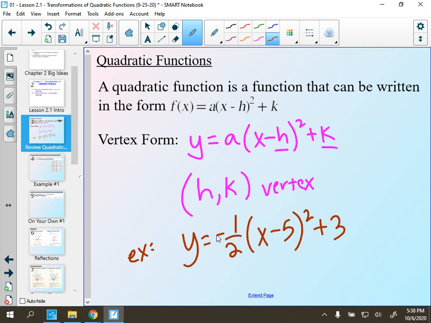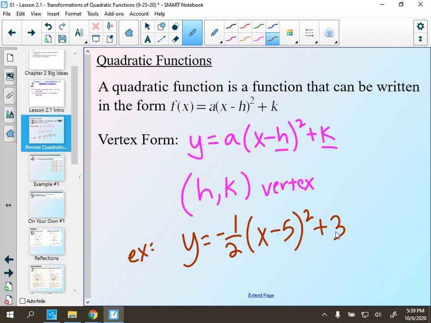Without even seeing the graph, we should be able to identify all those different comparisons. I know we just talked about it, but I've got -1/2 as my a value. If it's negative, I would definitely want to say something along the lines of a reflection over the x-axis. The a value itself, taking the negative out, is 1/2, which is between 0 and 1. So that's going to cause a vertical shrink.